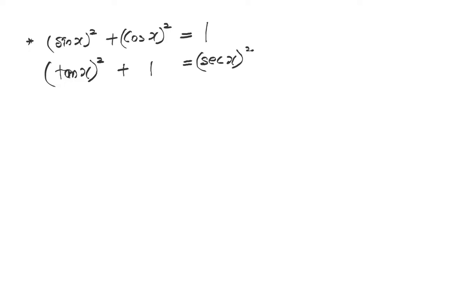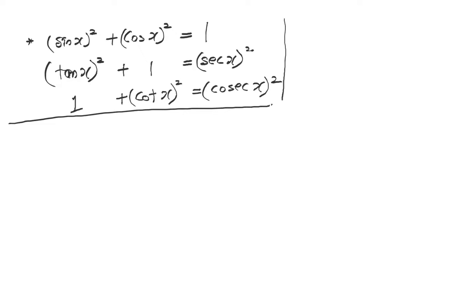Do you know what happened here? I divide everything by cos square x. Understand? Or I also can have 1 plus cotangent square. Cos over sin is called cotangent. 1 over sin is called cosecant. So these are the identities that you have to remember.